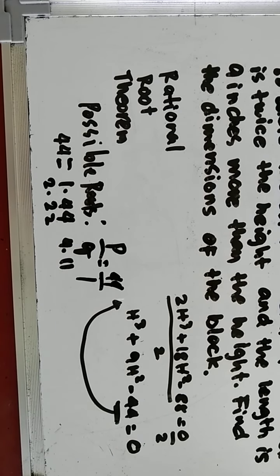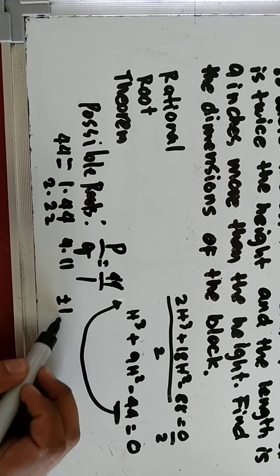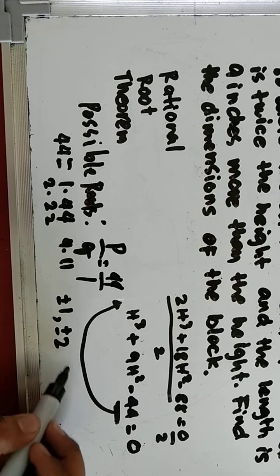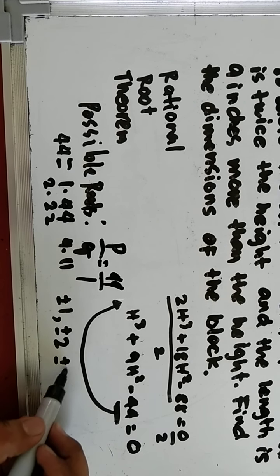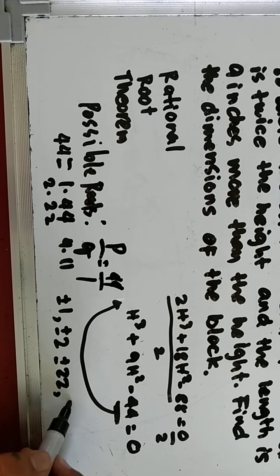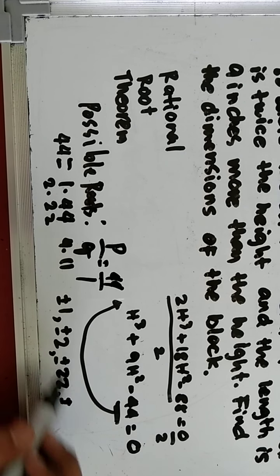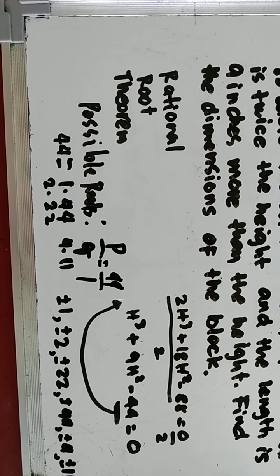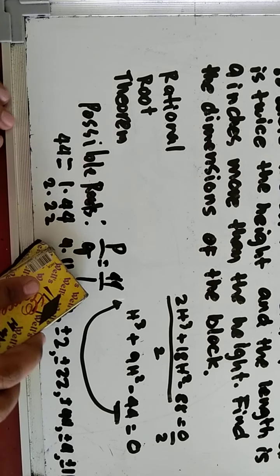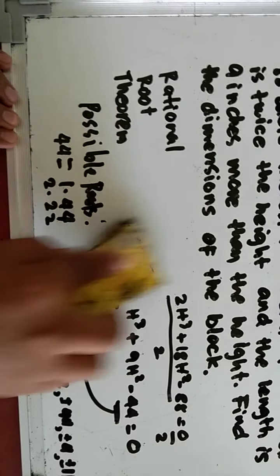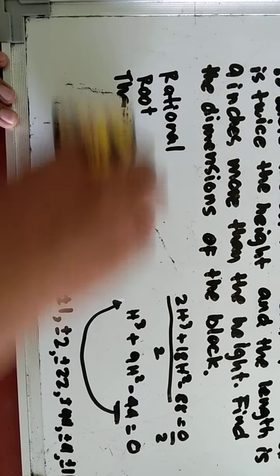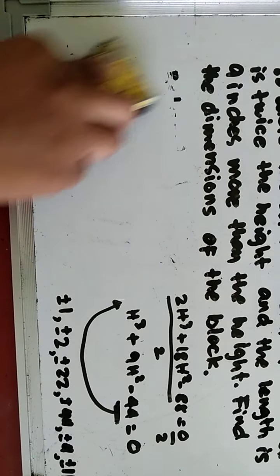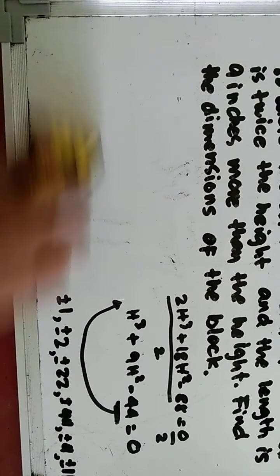So, ibig sabihin, meron tayong plus minus 1, plus minus 2, plus minus 22, plus minus 44, plus minus 4, and plus minus 11. Yan yung mga possible roots natin. Okay. So, dahil yan yung mga possible roots natin, sila yung gagamitin natin para sa ating synthetic division.